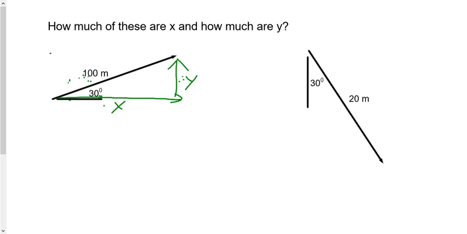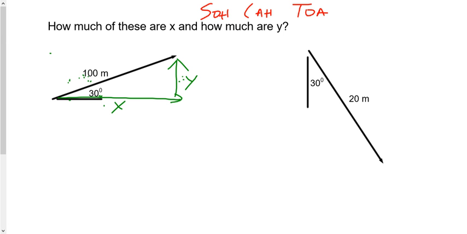Okay. I'm going to write down SOHCAHTOA up here just to refresh your memory. Sine is opposite over hypotenuse. Cosine is adjacent over hypotenuse. Tan is opposite over adjacent. How am I going to find the value of x there? How am I going to find the adjacent side given the theta and the hypotenuse?